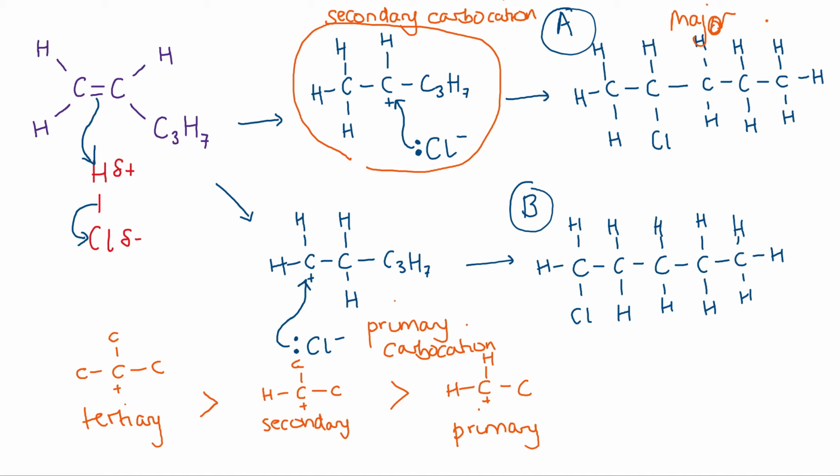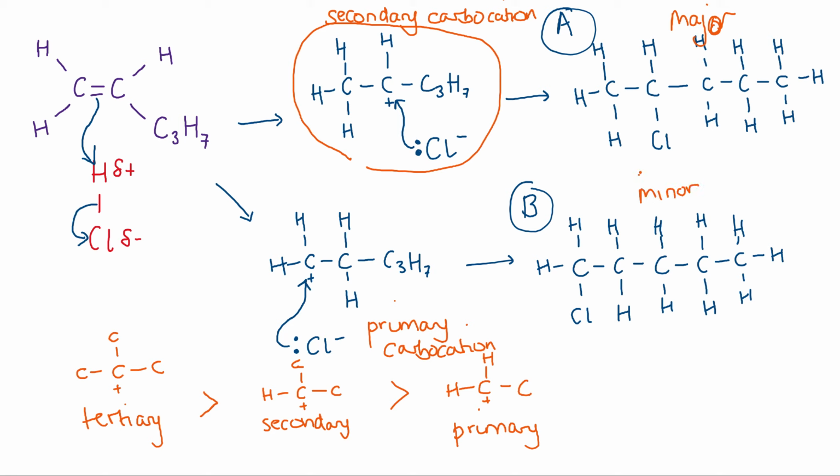You would say that product A goes via a secondary carbocation, product B goes via a primary carbocation. Secondary carbocations are more stable than primary carbocations, and therefore product A is the major product, and product B is the minor product.